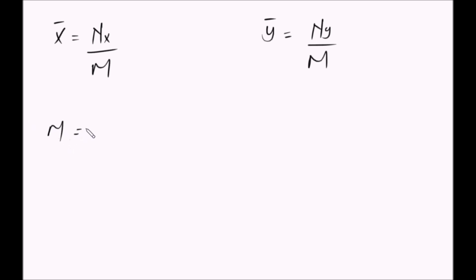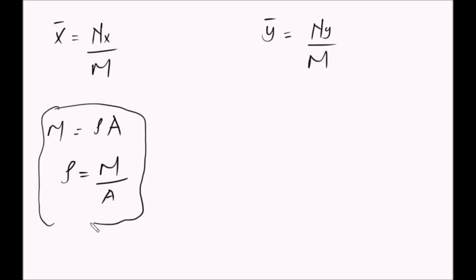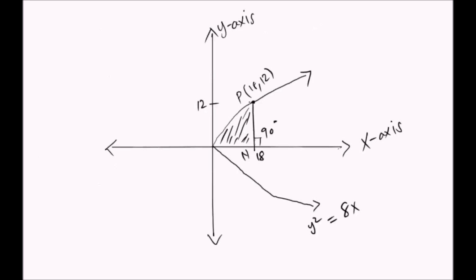So mass tulisema ni density times area. So area ya ile region now. Okay, because surface density ni sawa na mass over area. Kwa hiyo mass ni sawa na density times area. So we need to see the area of that region, of that lamina, not of the curve.